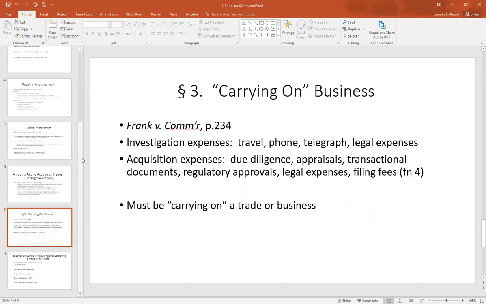The tax court held in favor of the government, saying that under Section 162, in order to be able to deduct business expenses, you actually have to have a business. In the case of the Franks, they were looking for a business, not carrying on a business. Therefore, they could not take their deduction. So the Franks would have to eat those expenses.